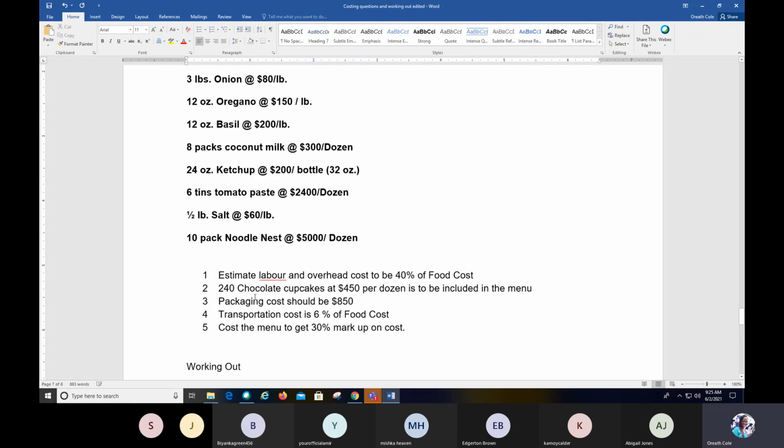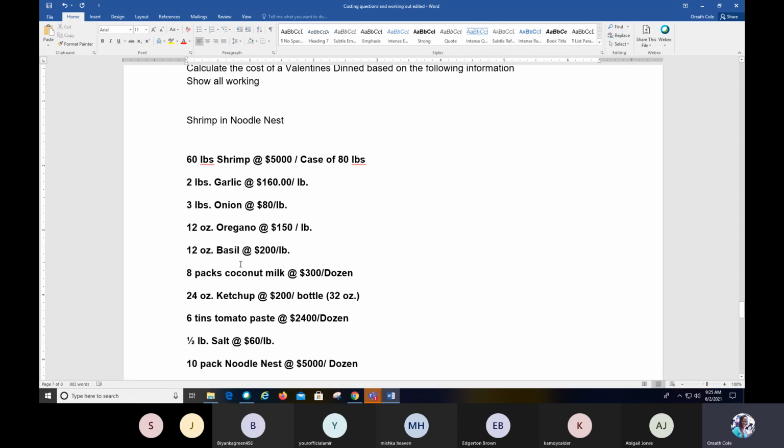Alright, so who wants to try that one? This is saying 12 ounces of oregano at $150 per pound. Who thinks they can tackle that one? It looks tricky.